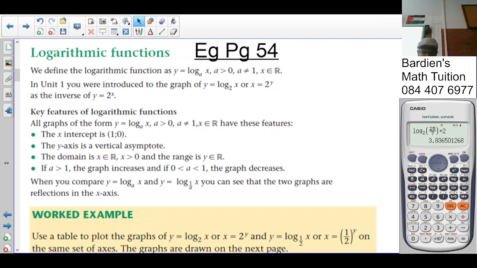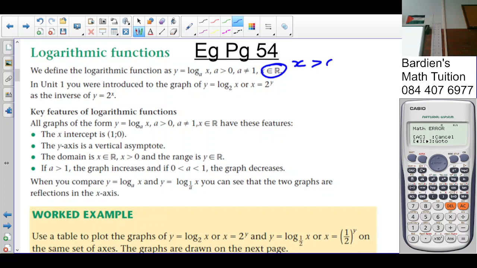Because if they say x is an element of real numbers, that means x can be positive and negative numbers. And if you put that in a calculator, the base must be positive, so let's choose a positive base, and negative 8 here. So it's an error. X has to be greater than 0.